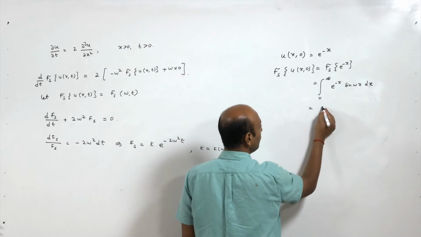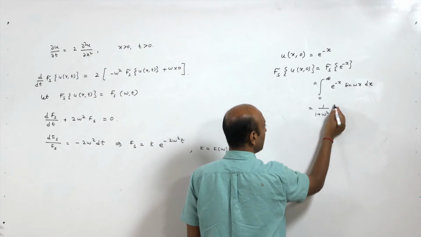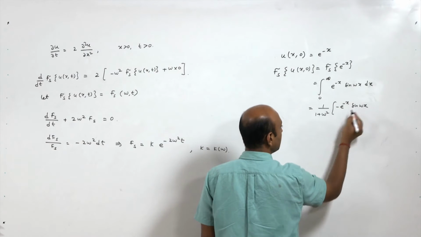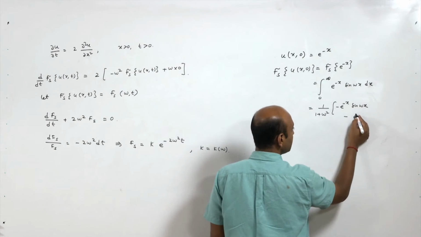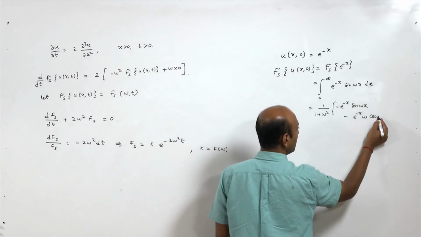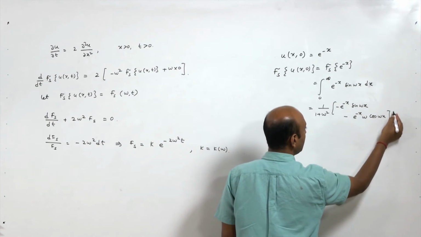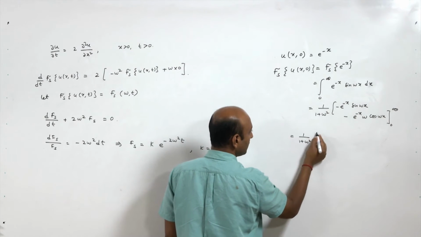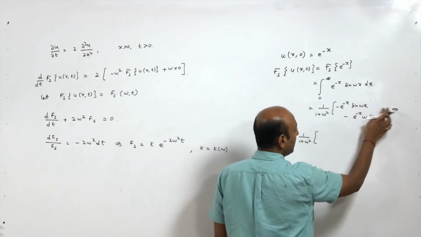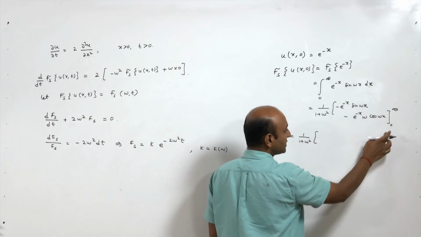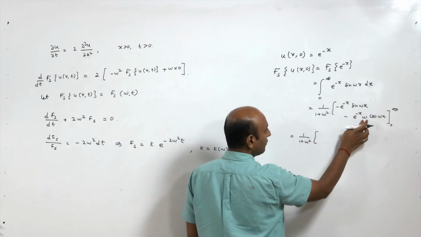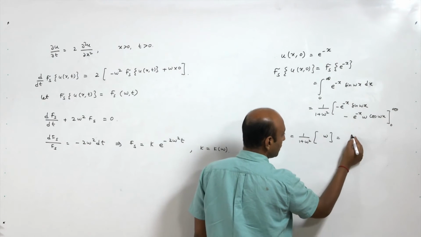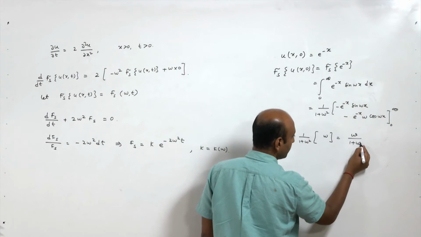It will be equal to 1 upon 1 plus omega square, times minus e to the power minus x, integrating by parts, and minus e to the power minus x omega cos omega x from 0 to infinity. When x tends to infinity, both terms tend to 0. When x is 0, it will be minus minus plus, it is omega. So, that will be nothing but omega upon 1 plus omega square.